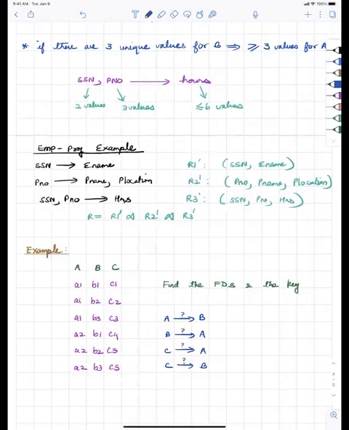Just look at all of this and see whether. It's easy to see that A does not determine B, because you have A1 going to B1, A1 going to B2, and A1 going to B3. So you can see that immediately and say no.